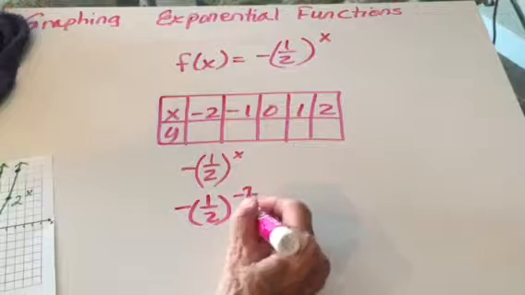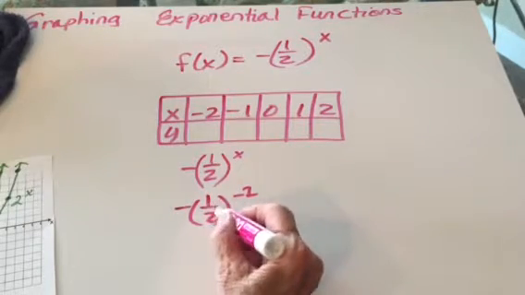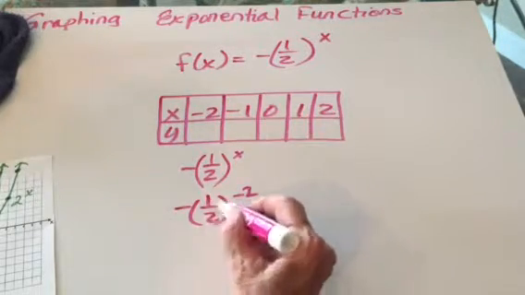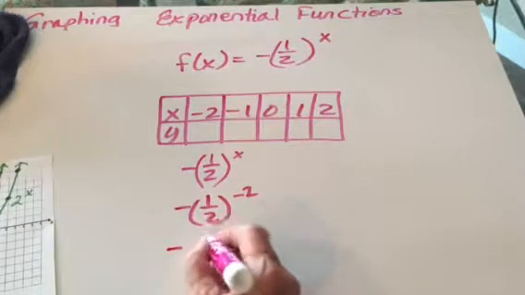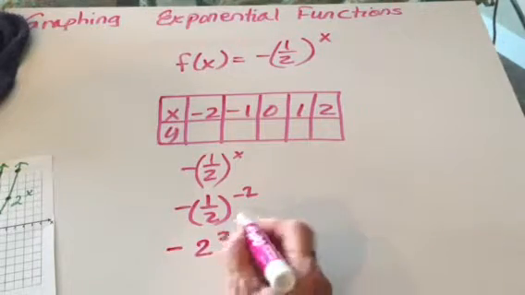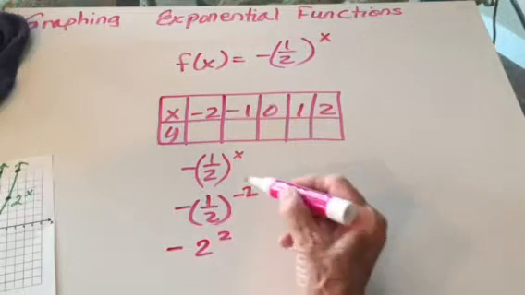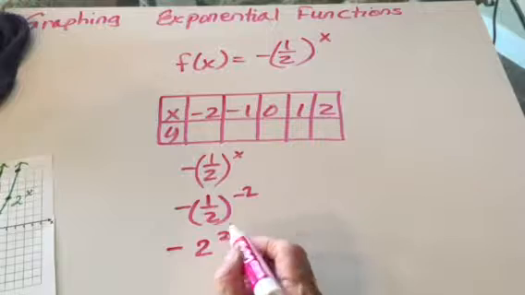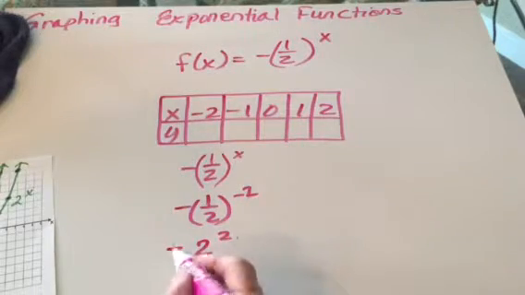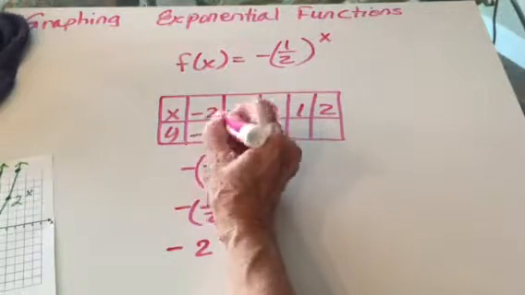All right, now this will turn into, so this I flip upside down, so then I have -2 squared, because I flip this upside down and then this negative goes away. So 2 squared is 4, and I throw on the negative, so it's negative 4.